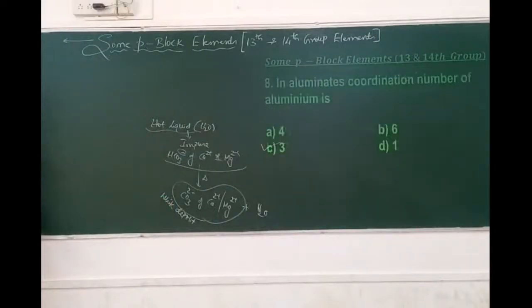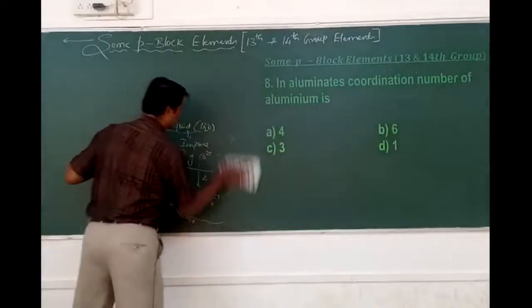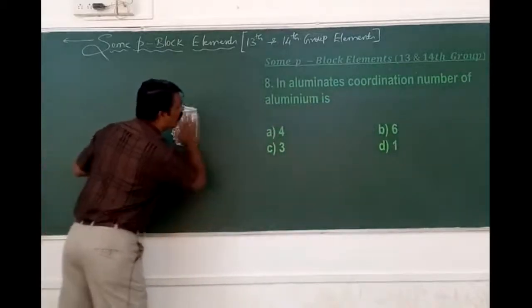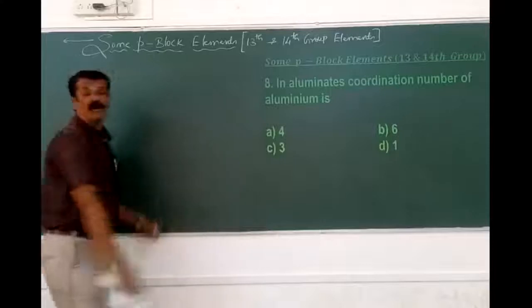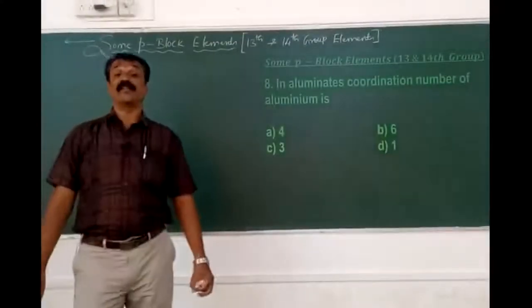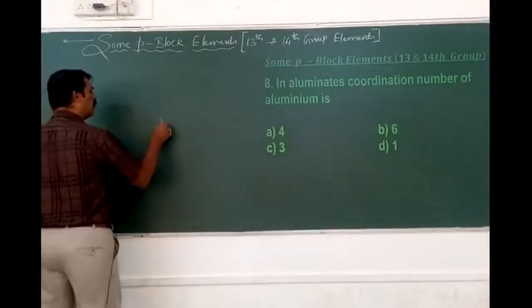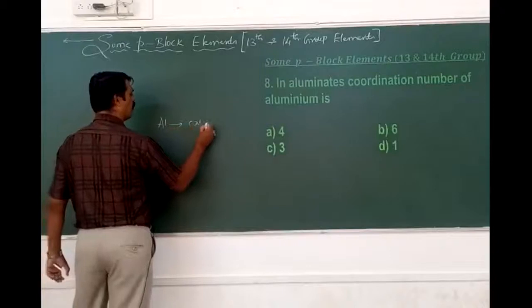Next, 8th. In aluminates, what is the coordination number? Even though aluminium is not a transition element, it exhibits coordination compound formation. Aluminium has a coordination number of 6.